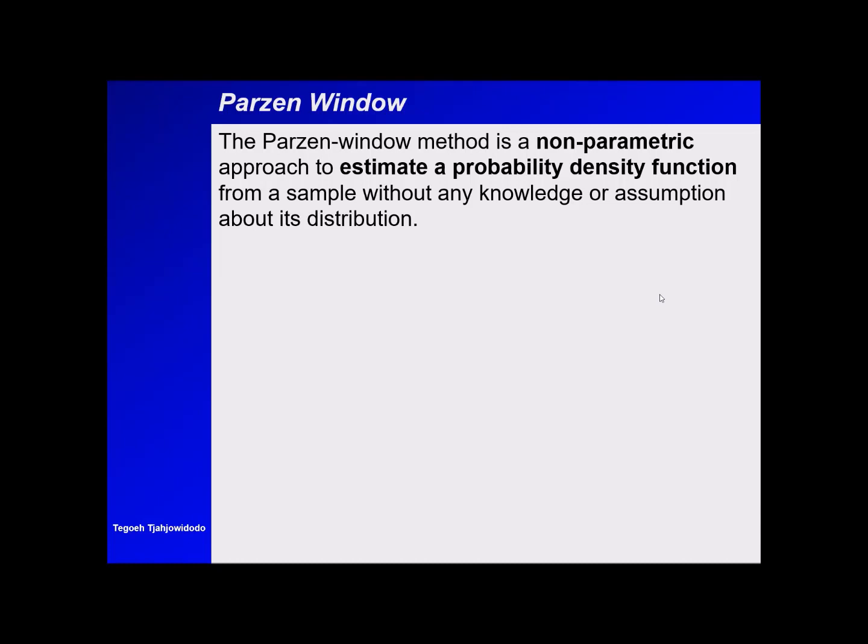If you consider a normally distributed probability density function, that is definitely parametric. Why? Because if you still remember the equation, the PDF, the probability density function of a normally distributed population, is represented by only two parameters, right?